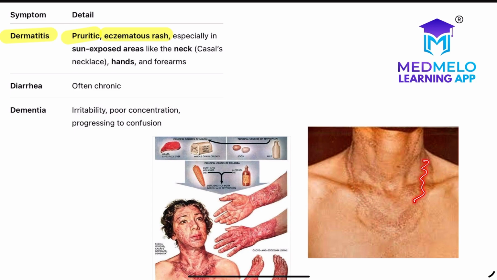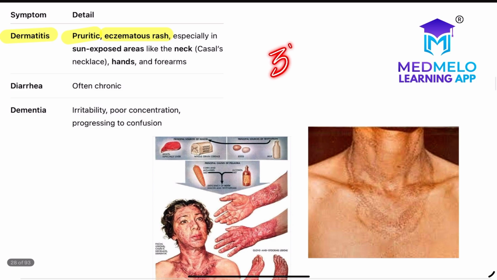The lesions are like a necklace, like they are wearing a necklace. So it is the Casal's necklace, and eczematous pruritic rash, especially in the neck and the sun exposed areas in the hands and forearm. Okay, that is the dermatitis.